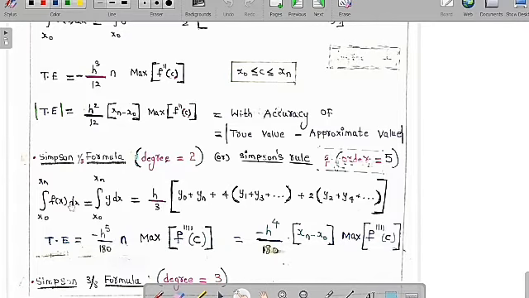The formula is the integral from x0 to xn of f of x dx, which is the integral of y dx, equal to h by 3 into (y0 plus yn, the initial value and the final value, plus 2 times of y2 plus y4 plus y6). Take only the even terms, plus 2 times the even terms, y2 plus y4 and so on, and then 4 times the remaining y coordinate values.